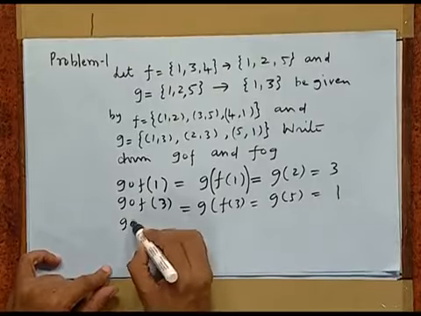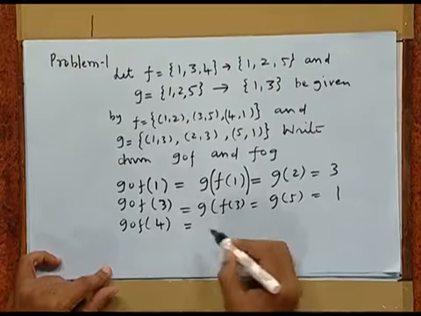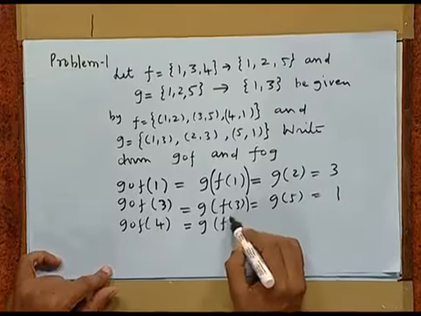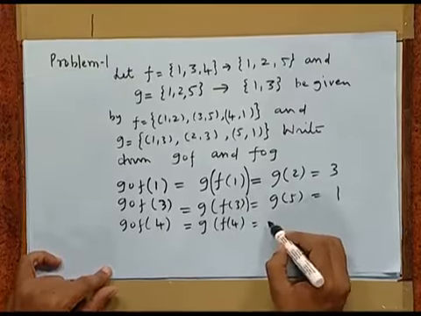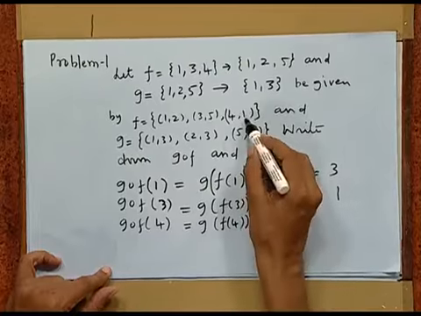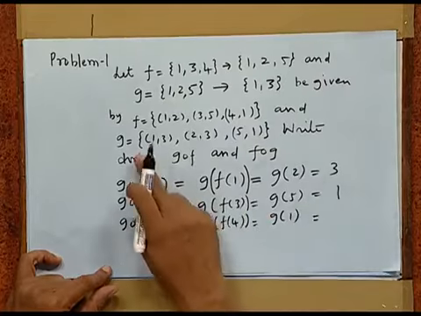Finally, GOF of 4. First we find f of 4. F of 4 is 1, so it is G of 1, where G of 1 is 3.